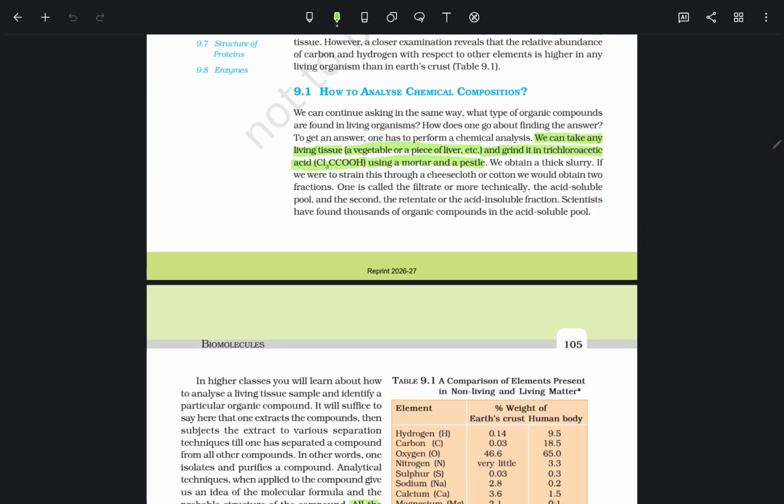If we were to strain this through a cheesecloth or cotton, we would obtain two fractions. One is called the filtrate, technically the acid soluble pool, and the second the retentate, or the acid insoluble fraction.